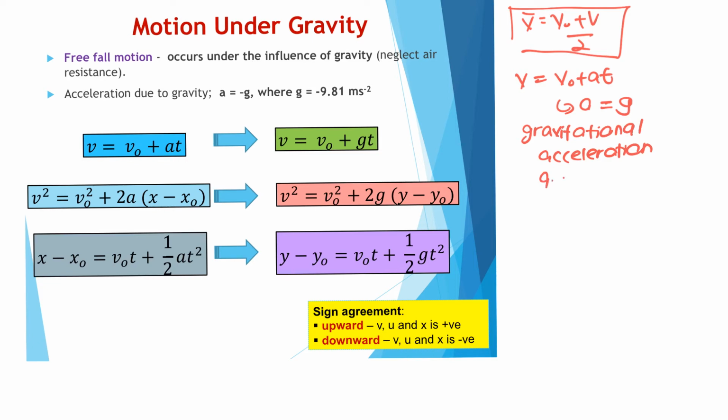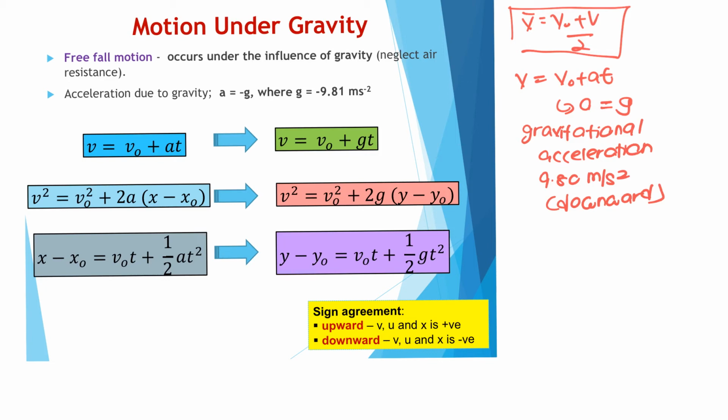It is going to be 9.80 meters per second squared. Don't put a negative over there, because negative can be upward, it can be downward. So please put 9.80 meters per second squared, and acceleration is a vector, so please state that acceleration is always downward.